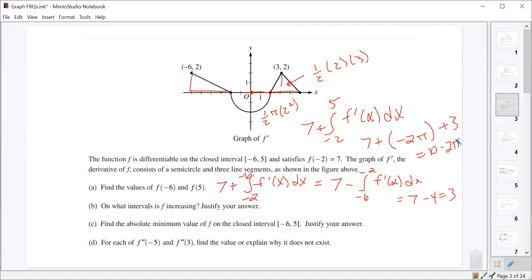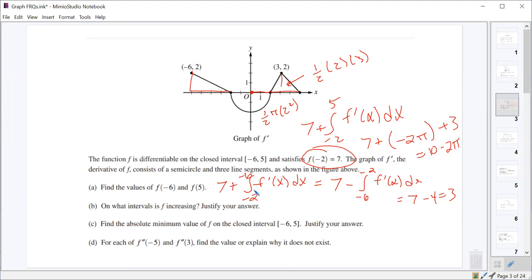For the first one where you found f of -6, why'd you do from -2 to -6 instead of -6 to -2 to where you had to flip them? Were you like forced to do that? Yeah, so if we look at the value that we already have, right, we know that at -2 it's 7.